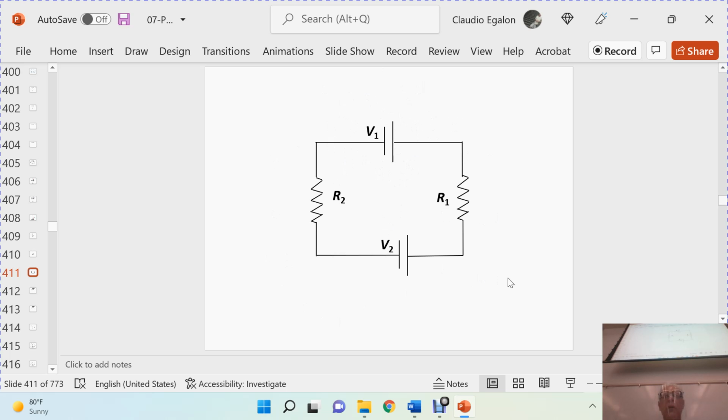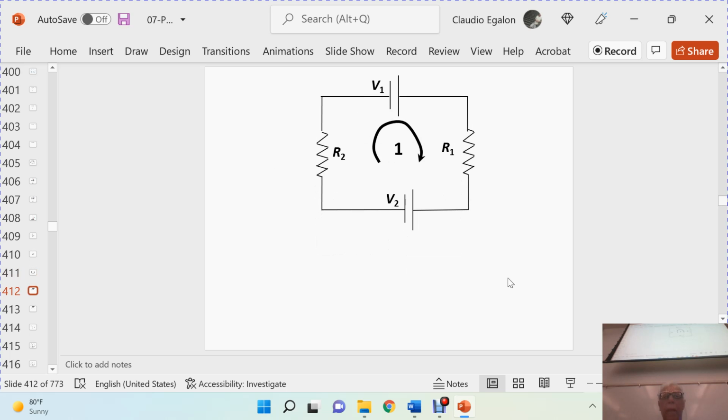For this type of circuit, you use a different technique to solve the problem. We use what we call the Kirchhoff loop laws, which I'm going to introduce to you now.